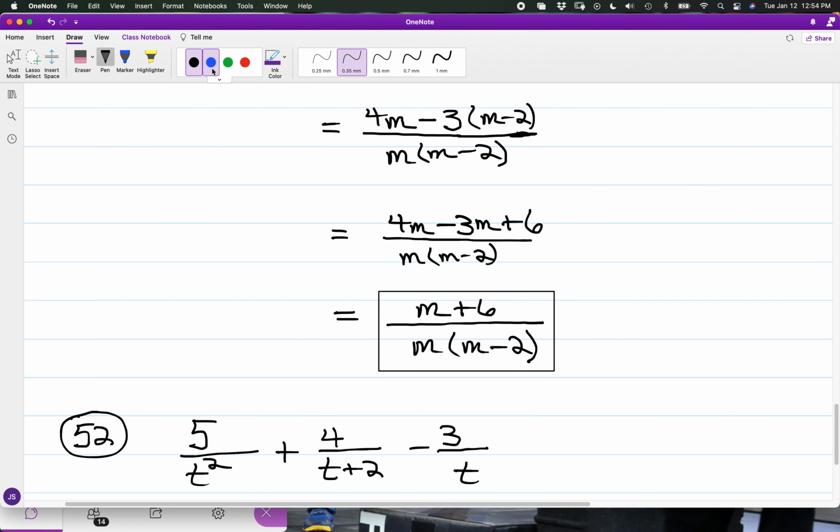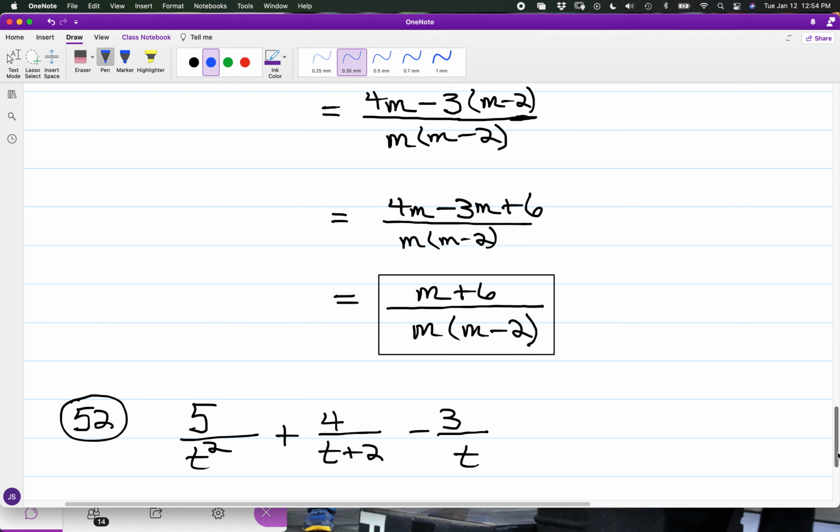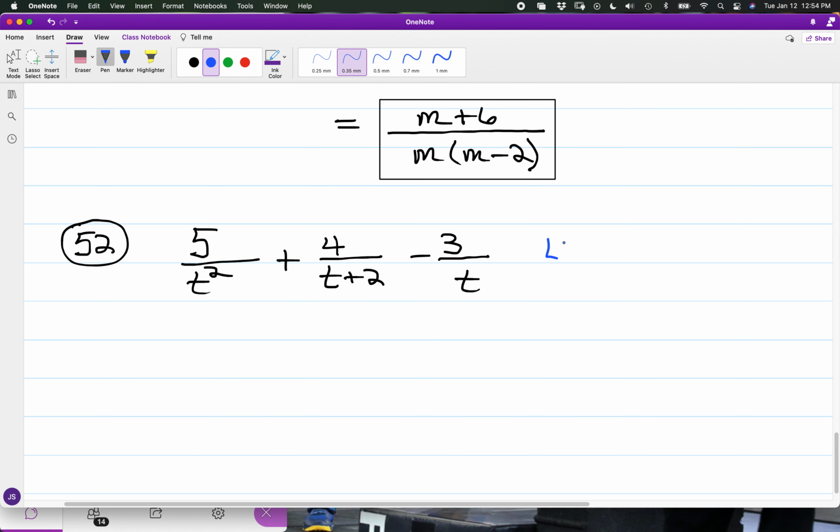All right, now in setting up the least common denominator, if you notice, we have the standalone single terms in the denominator, t squared and t. So again, the least common denominator is going to be the highest degree representation of t itself. So you have t, and we have t squared, so you have t squared, and then we have the binomial factor t plus 2.